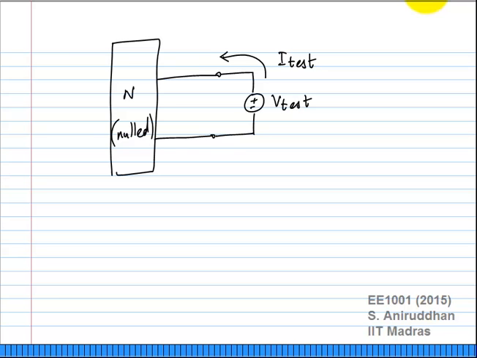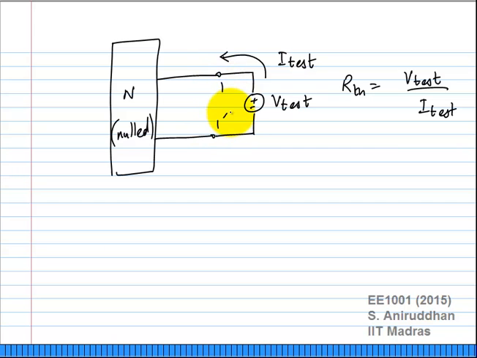When I apply this test voltage, the network will draw some current, right? I'll call that the test current, and the effective resistance is nothing but V test over I test. This will be valid for any network of resistors and control sources. If you just had a network of resistors alone, maybe for a certain class of networks you can reduce it to a single resistor between these two terminals 1 and 1 prime.